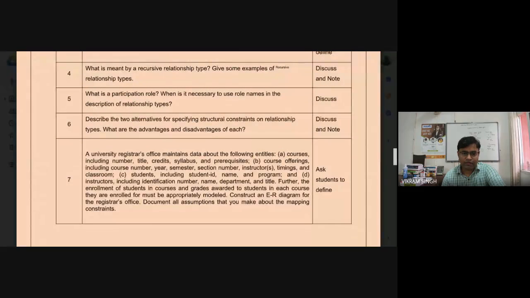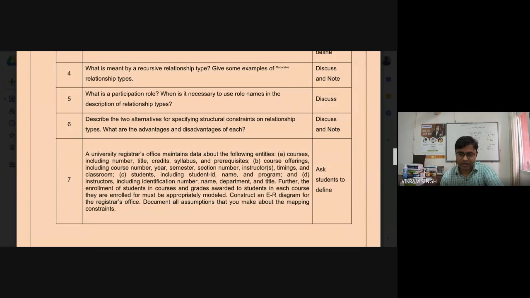Okay, so now what is the participation role, and when is it necessary to use role names in the description of a relationship type? We have discussed that participation means total and partial participation, right? So that is basically the answer. So what is the participation role?